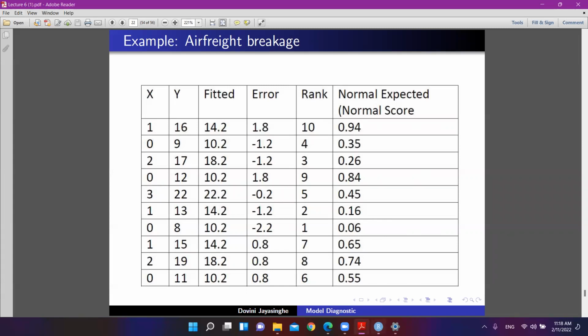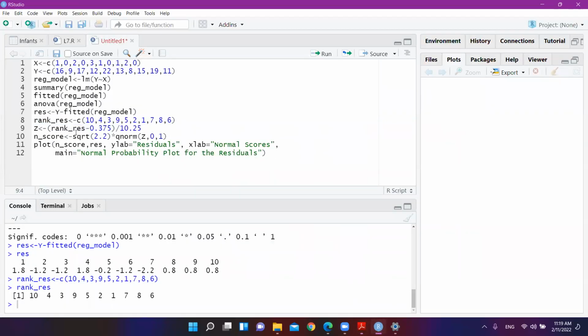And then when computing these, I have adapted that formula: k minus 0.375 divided by n plus 0.25. So here my sample size is 10. It's going to be 10.25, right? So the ranks are these.